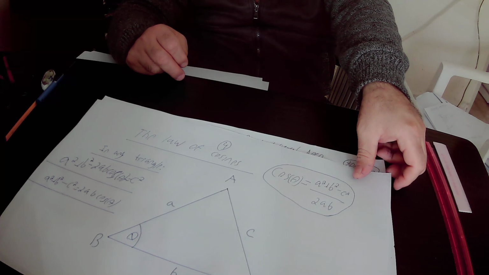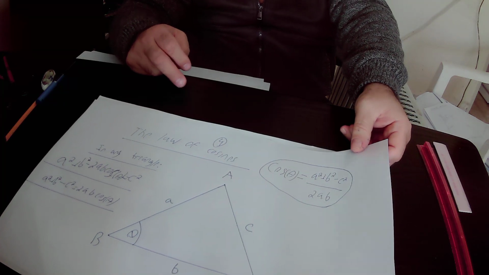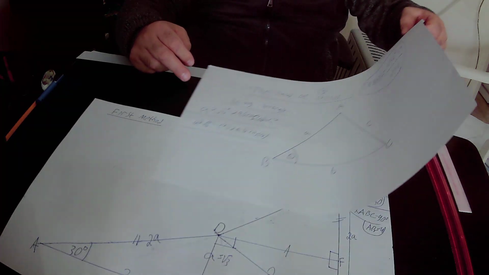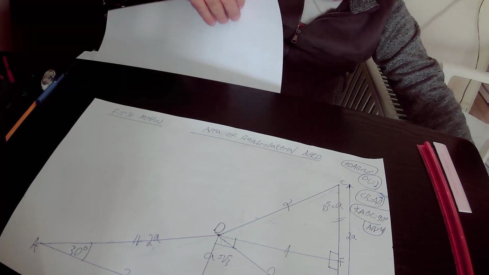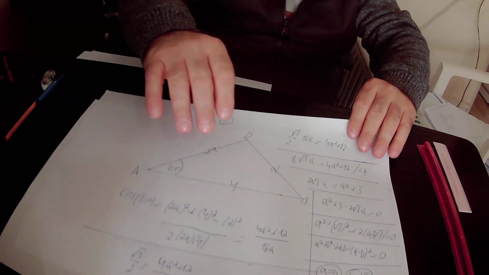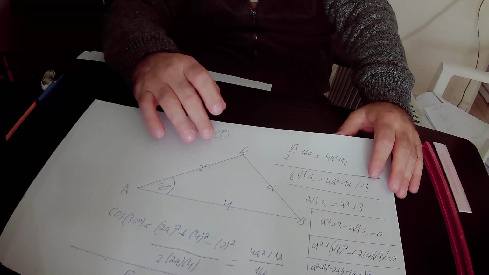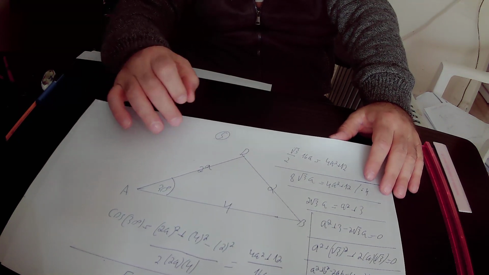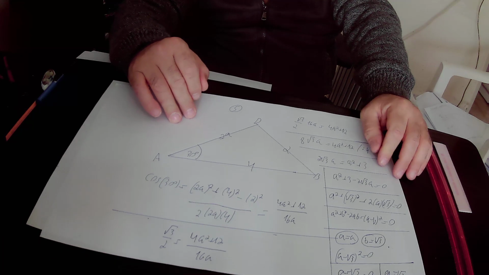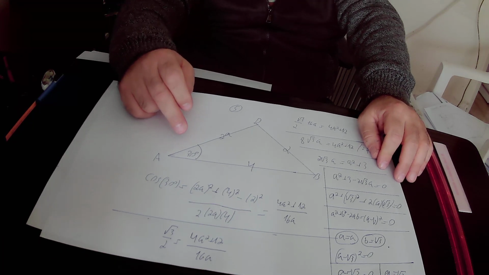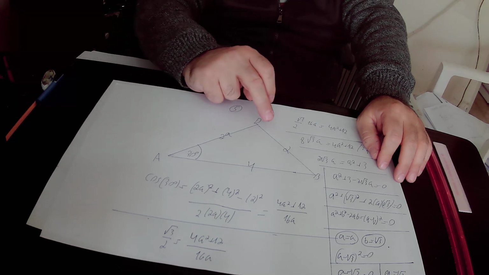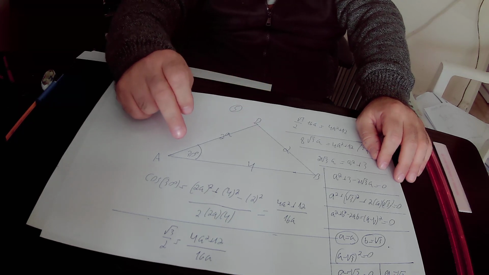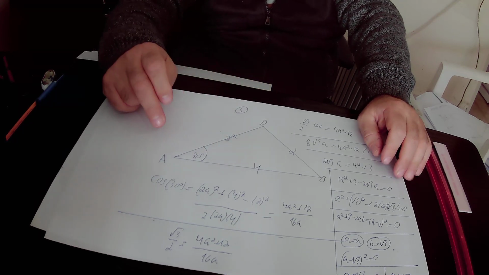Then we implemented the law of cosines in triangle DAB, so I copied triangle DAB in this new page and implemented the law of cosines in this triangle. According to the law of cosines, cosine 30 degrees will be equal to 2a squared plus 4 squared minus 2 squared over 2 times 2a times 4.